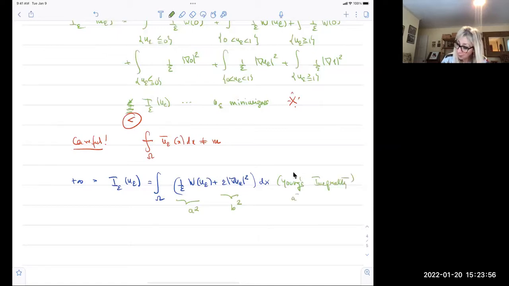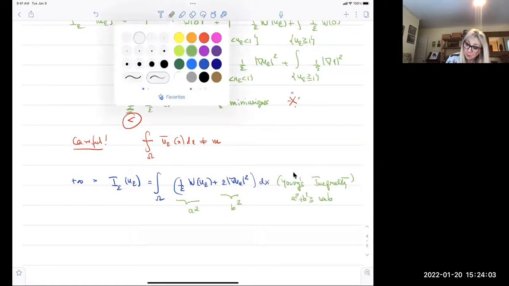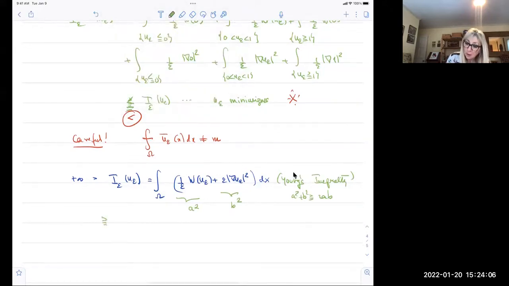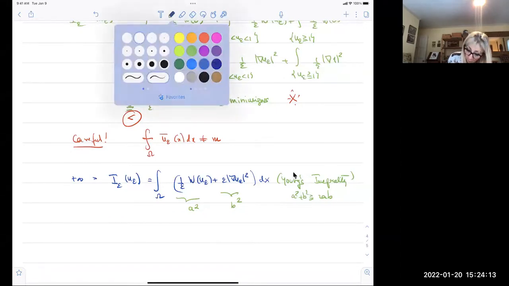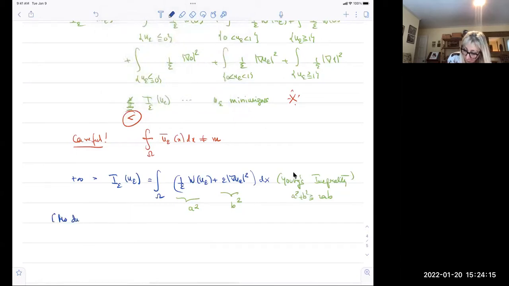Right, so a square plus b square is bigger than or equal to 2ab, right? And so that's going to be bigger than or equal to, and this is the so-called Modica-Mortola trick, twice the integral of, now you see the epsilons cancel out, right?